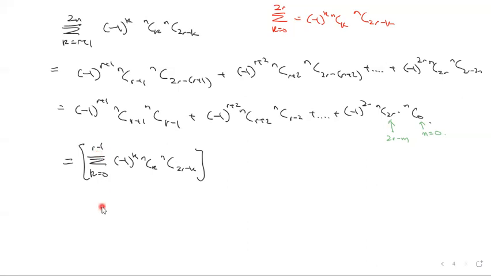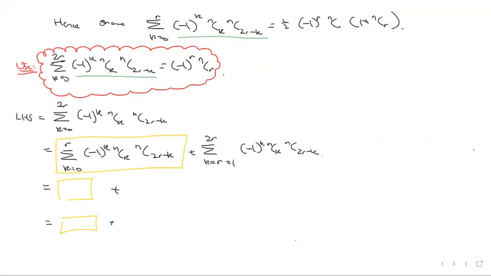And I'm not interested in going from 0 to r minus 1, so I need to think of this as from 0 to r minus the rth term, which is -1 to the r, nCr, nC 2r minus r. In other words, this thing we're trying to simplify is equal to this minus that.